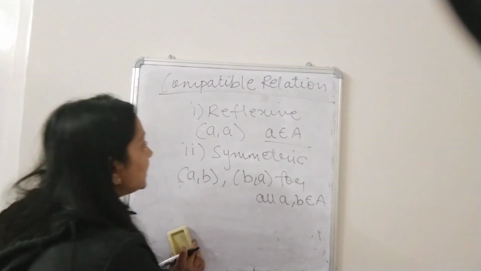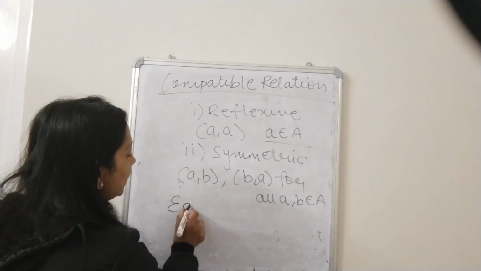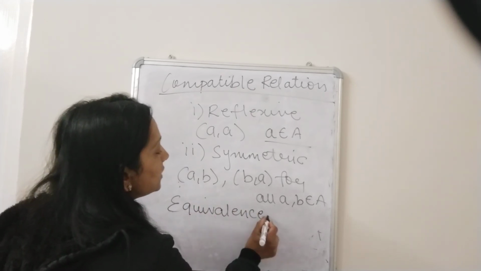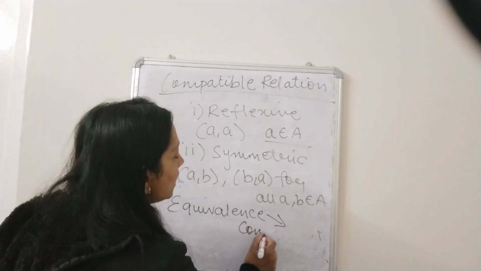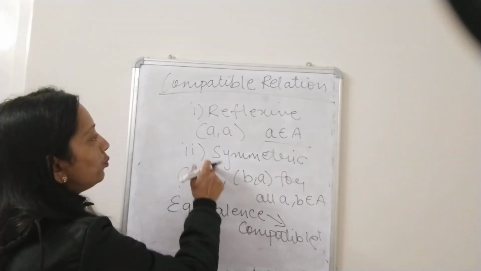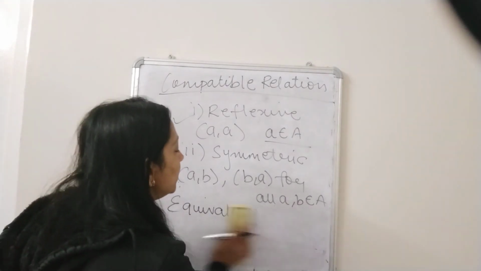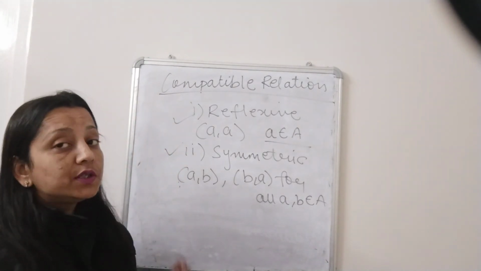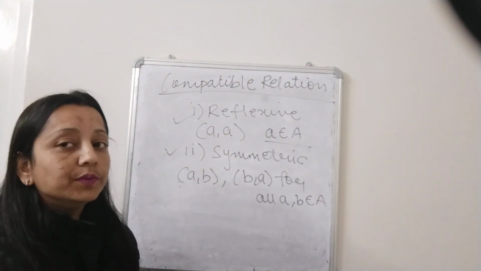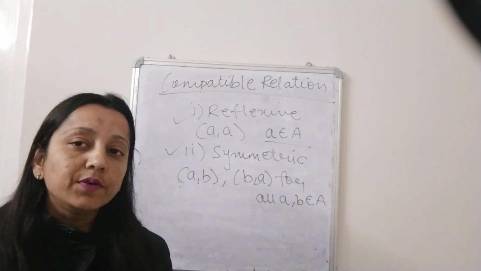So that means I can say that every relation that is an equivalence relation will obviously be a compatible relation for sure, because it will always have these two properties, that is reflexive and symmetric. So it will always be a compatible relation, but every relation which is a compatible relation need not be an equivalence relation. So this was all about the different types of relations that we have in discrete mathematics.